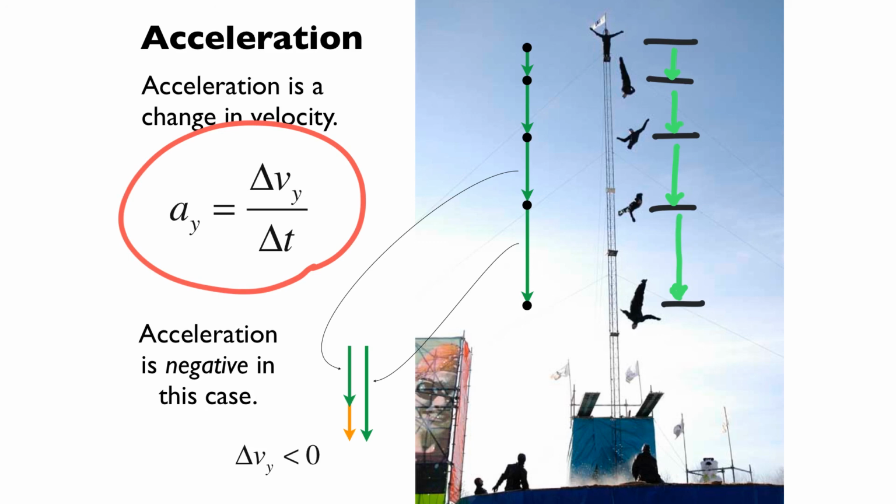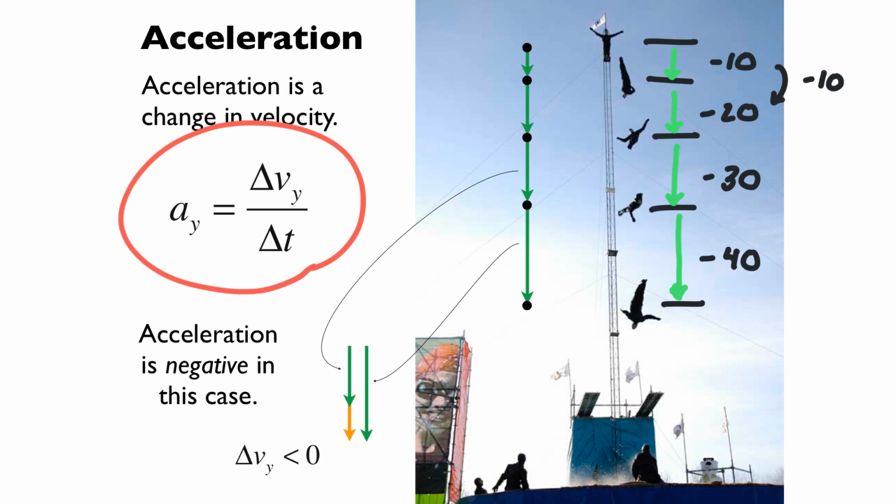But let's suppose we write it as velocities, which have signs. Since the velocity is downward, it's a negative number. Suppose my original velocity was -10. On the next interval of time, maybe it's -20. It's bigger. Next one, maybe it's -30. The magnitude is bigger. Next interval of time, maybe it's -40. And actually, if it was units of seconds, those would be the numbers we would get, because if you're in free fall, as this person is, the velocity is going to change by about -10 meters per second every second.